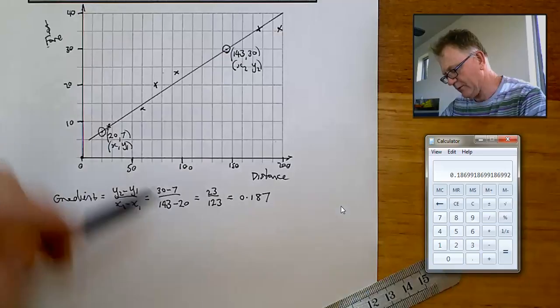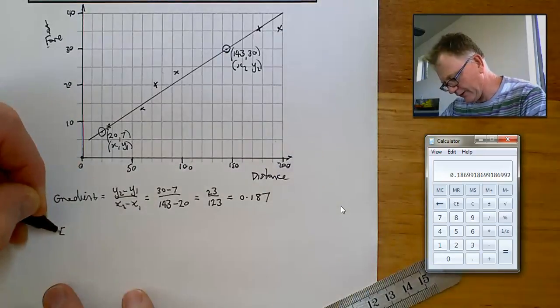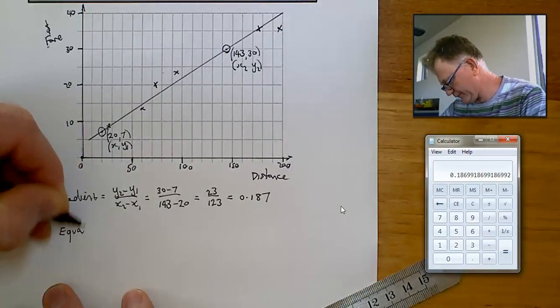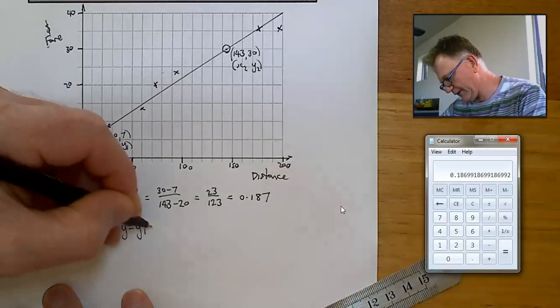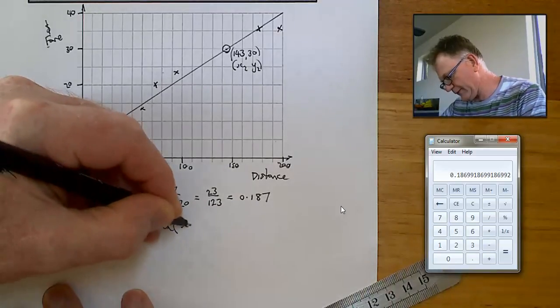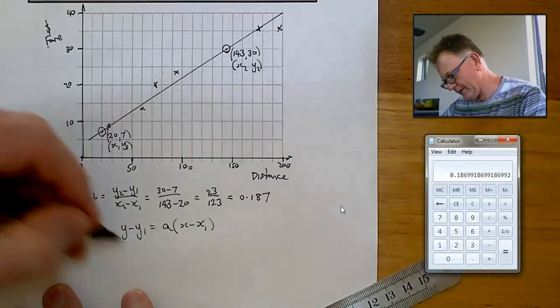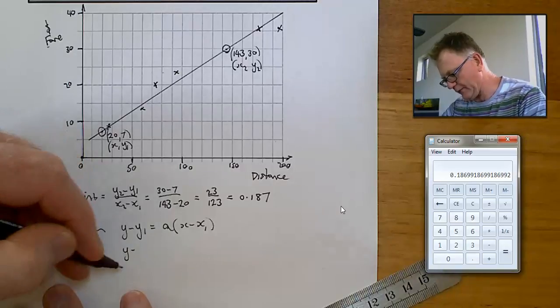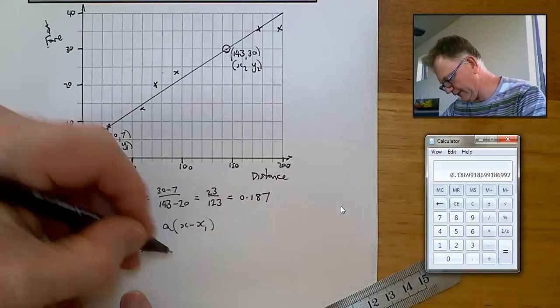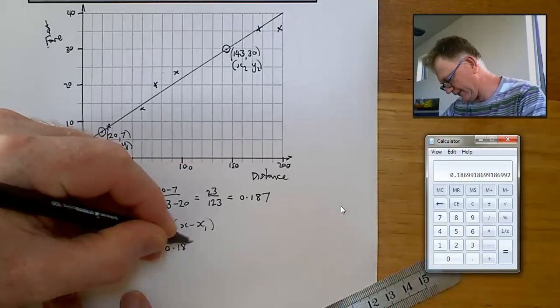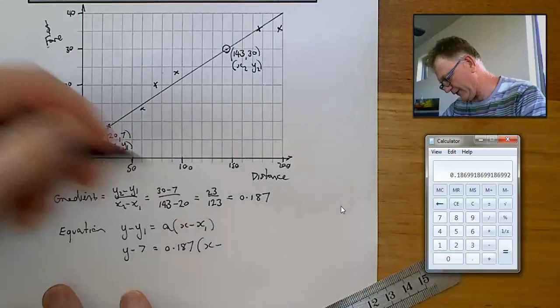Once you've found the gradient, you can work out the equation of your line using the formula y minus y1 equals a(x minus x1). So it's y minus, and our y1 value was 7, equals gradient 0.187, x minus our x1 value was 20.